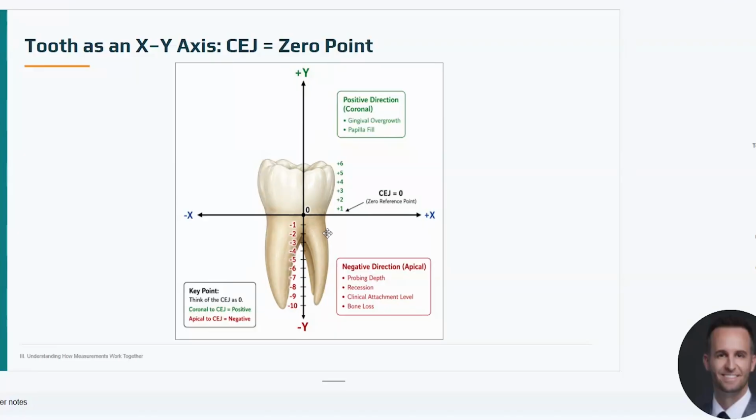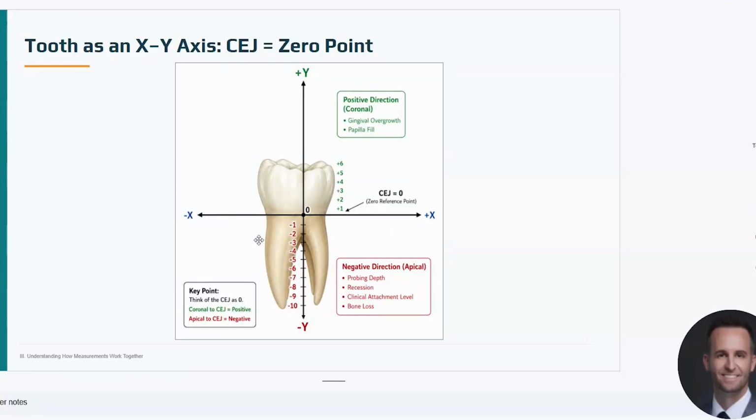So what are things that go in the negative direction when we're taking measurements for perio charting? Well, the most obvious and important that we do on a daily basis is probing depth. The probing depth is going negatively down this axis, right? Recession as well.